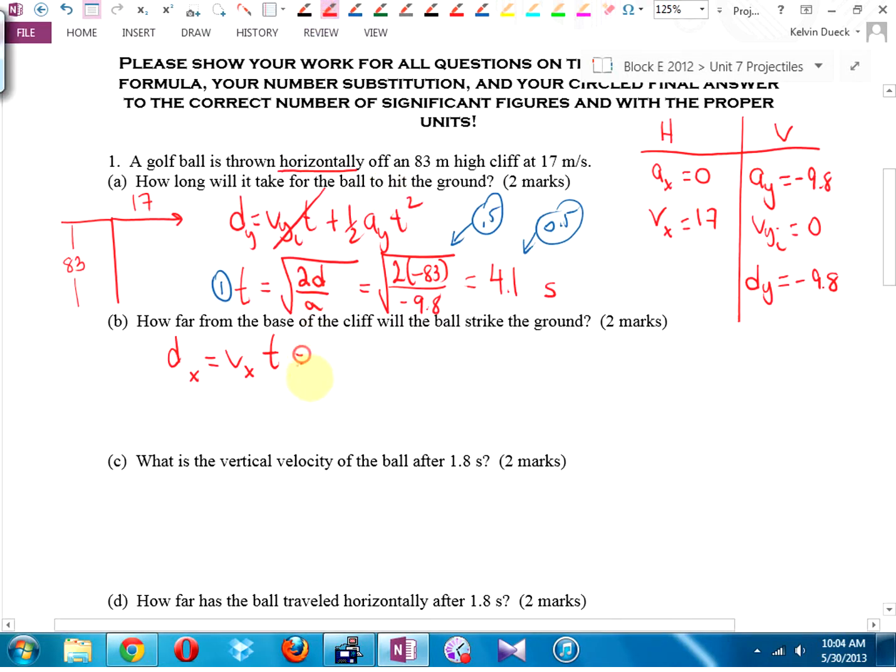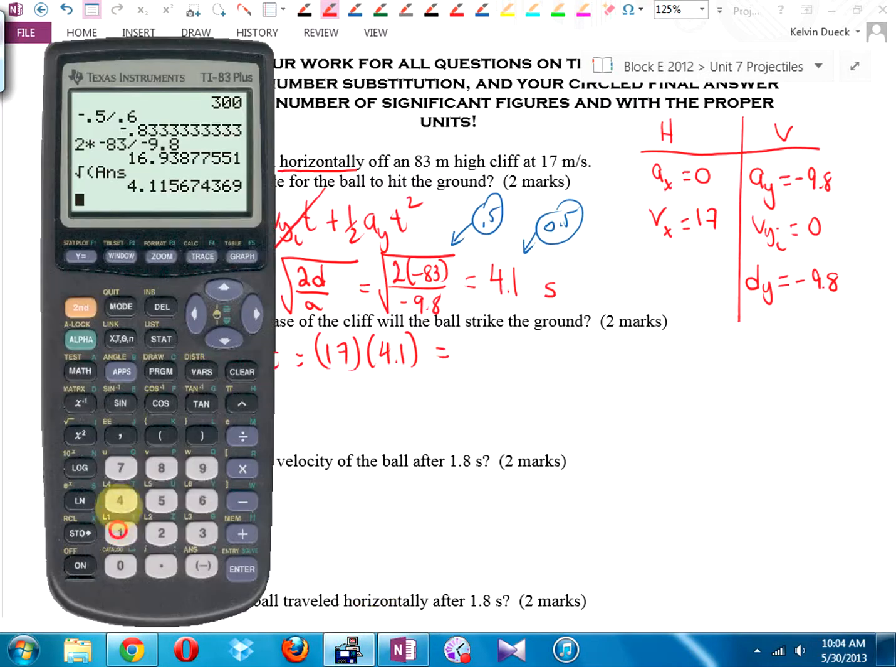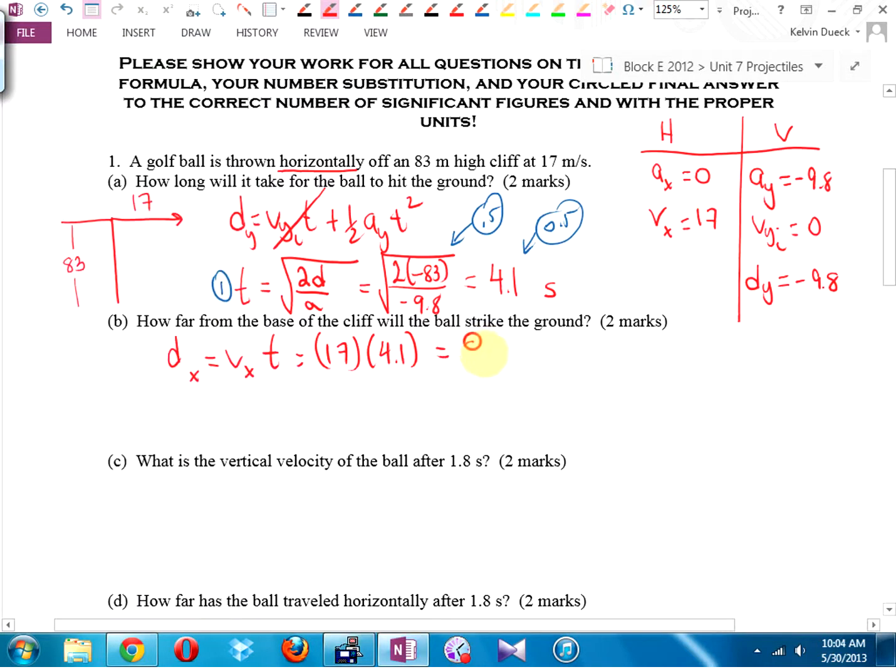Okay, nerd tangent over. 17 times 4.1 is 69.7 meters. Again, if you got the right answer, you get 2 out of 2.